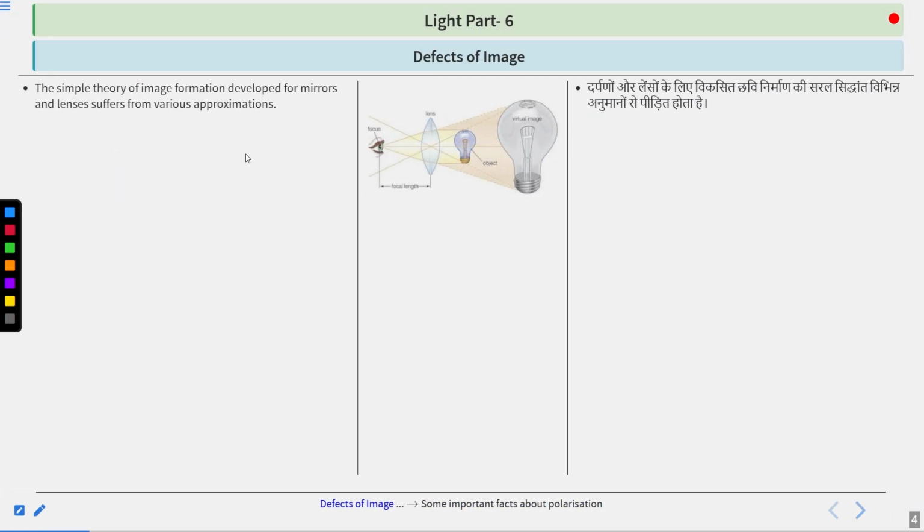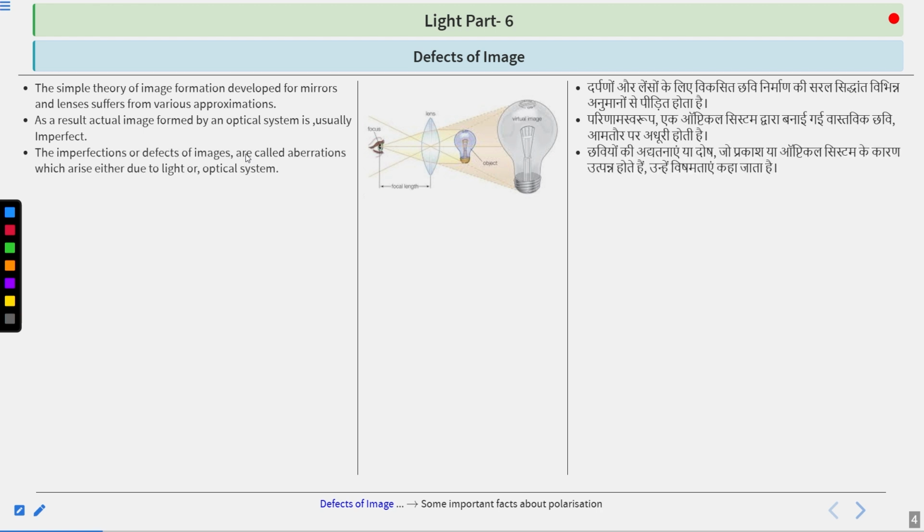Now, let's begin with the defects of image. The simple theory of image formation developed for mirrors and lenses suffers from various approximations. As a result, the actual image formed by an optical system is usually imperfect, that is, not the perfect image.